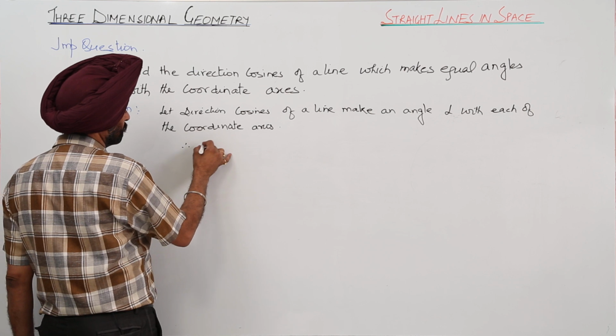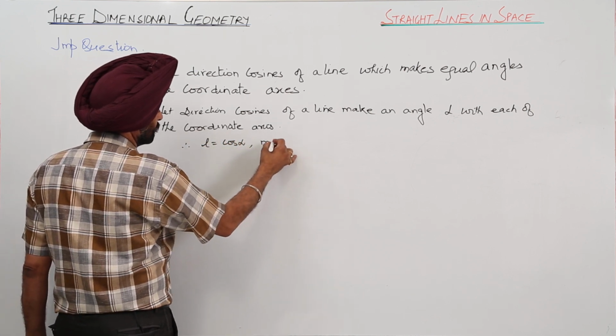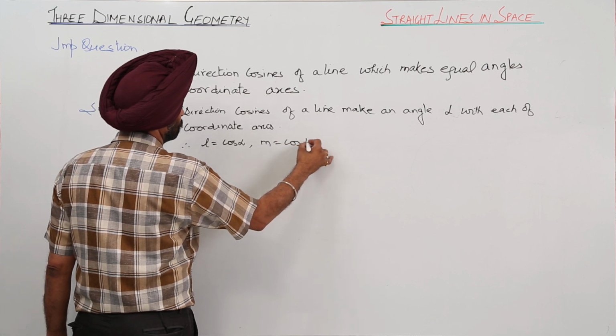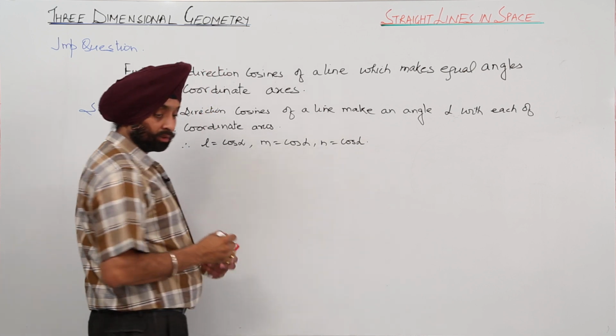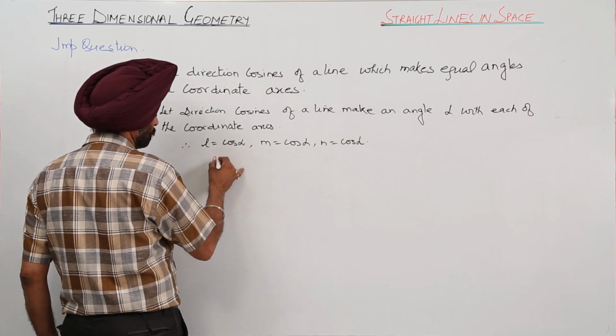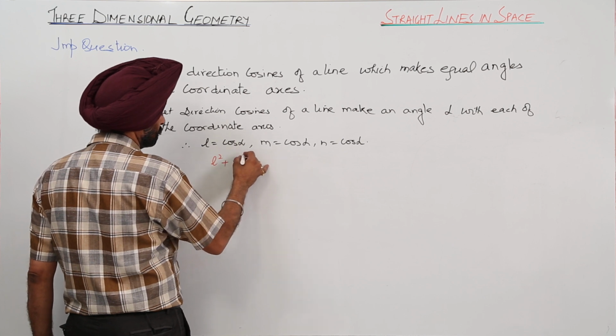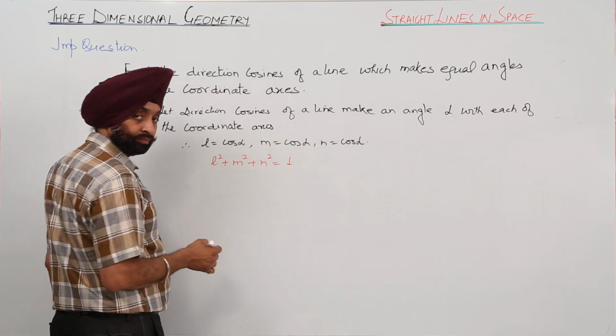Therefore, L is equal to cos alpha, M is equal to cos alpha, N is equal to cos alpha. Now, L square plus M square plus N square is equal to 1.